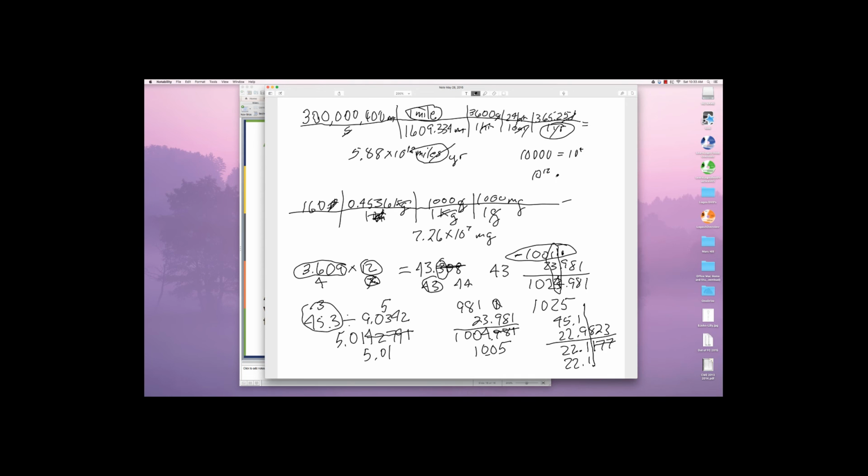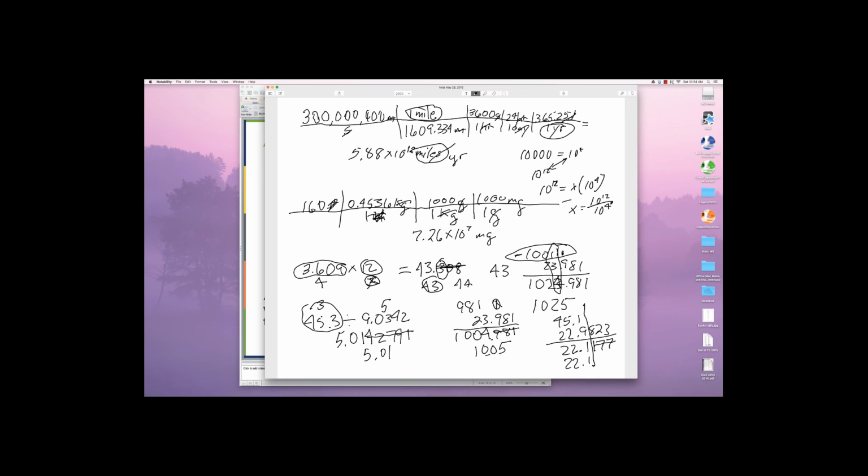So if there are X number of stacks, and they each contain 10 to the 4th, how many stacks would it take to get to 10 to the 12th? X would be 10 to the 12th divided by 10 to the 4th.